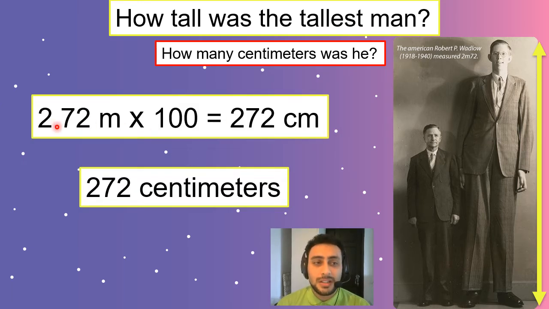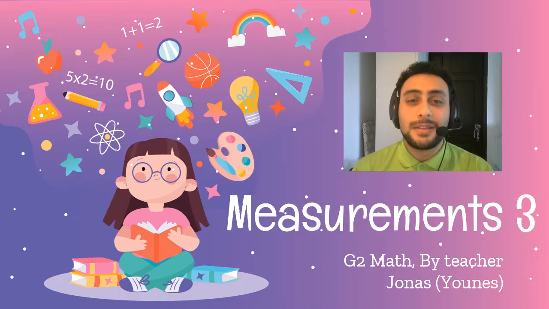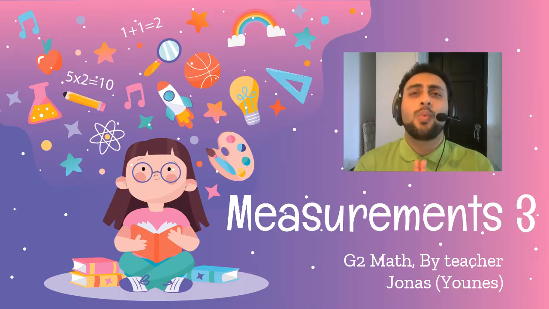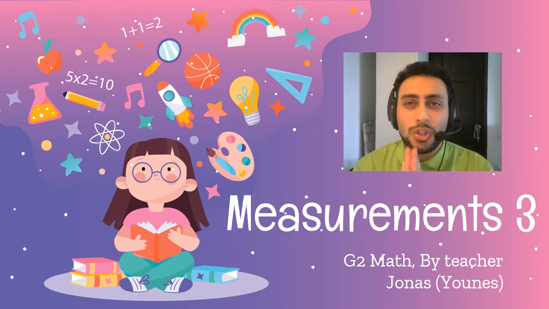Easy. This goes 1, 2, bye-bye. It's gone. So it is 272 centimeters. Easy. So now we know that he was 2 meters and 72 centimeters, which is 272 centimeters. Easy peasy.